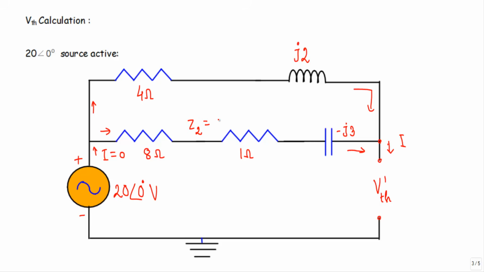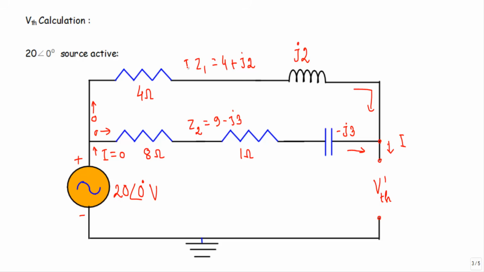Therefore, in the circuit, total current I will be 0, and you know that the total impedance of this branch Z2 is equal to 9 minus J3, and the total impedance of this branch Z1 is equal to 4 plus J2. As the total current I is 0, so current in this direction will be 0 and current in this direction will also be 0.